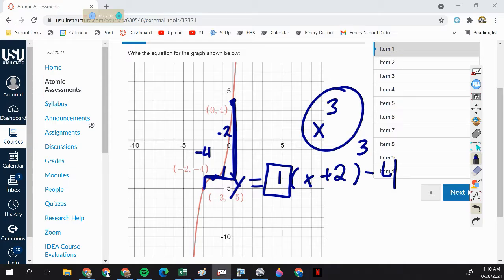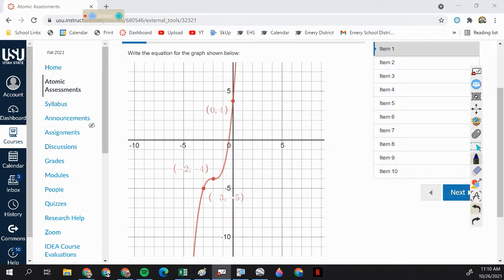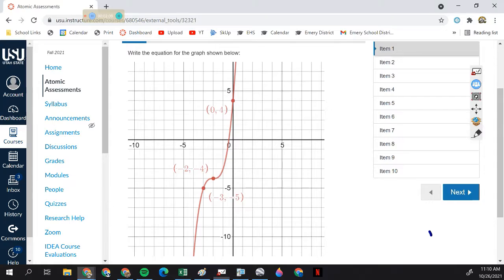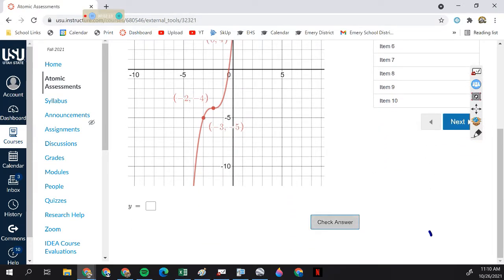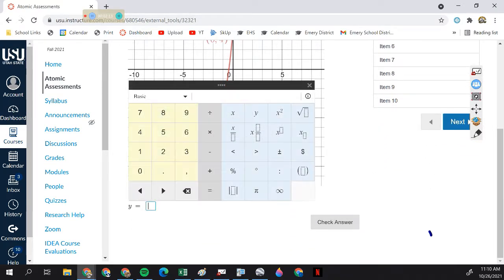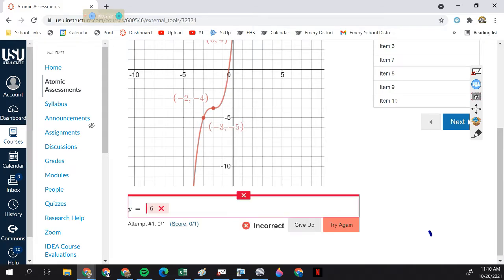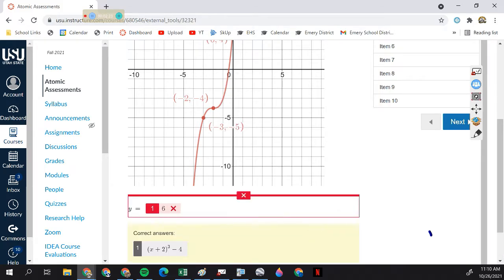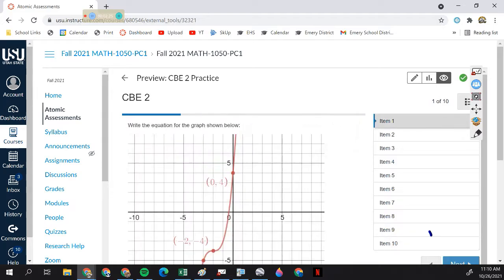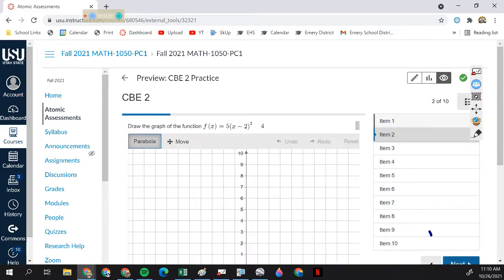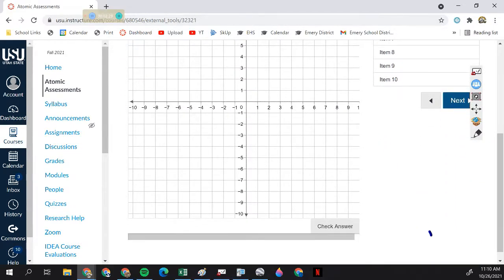Now I wonder, remind me again how I get a new problem. I have to submit, right? Yeah, I want another of the same problem. So check answer, give up, and then do I submit this?